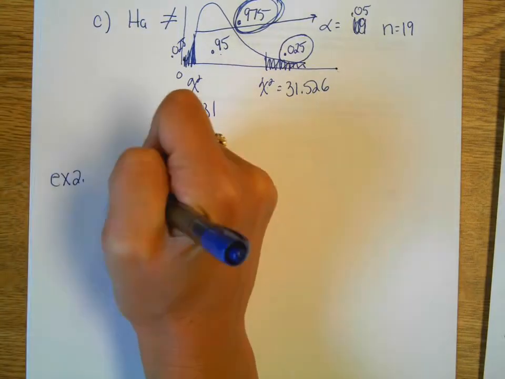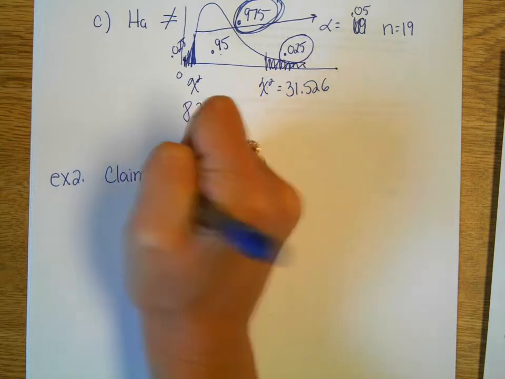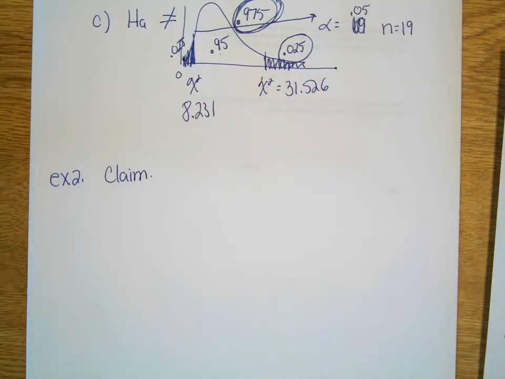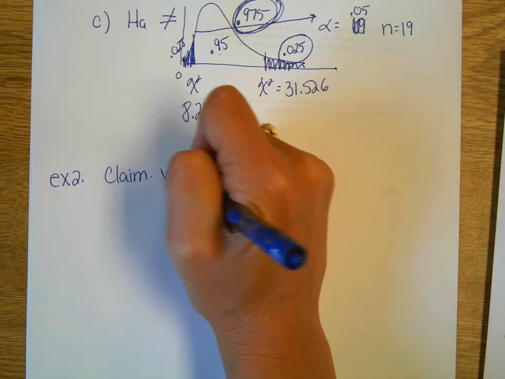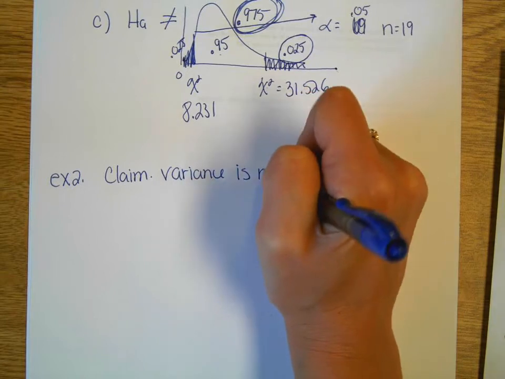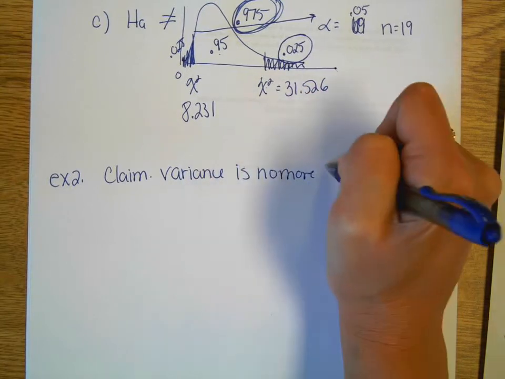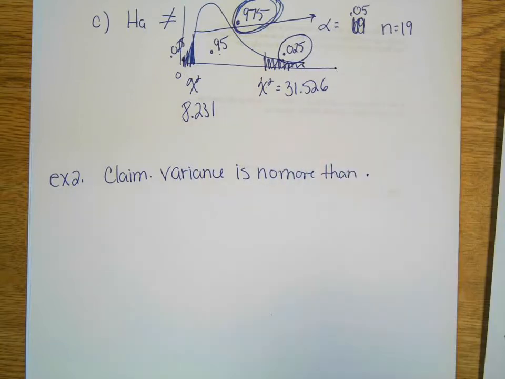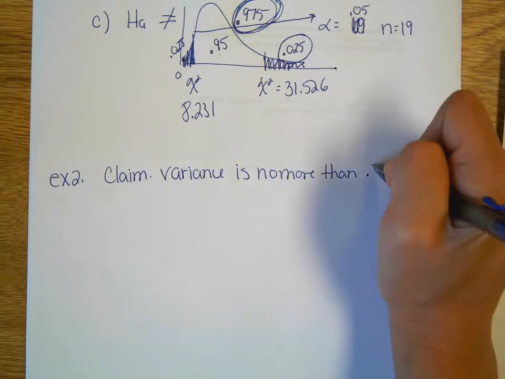Okay, number 2. Claim. A bottling company claims that the variance of the amount of drink in the bottle is no more than 0.40.